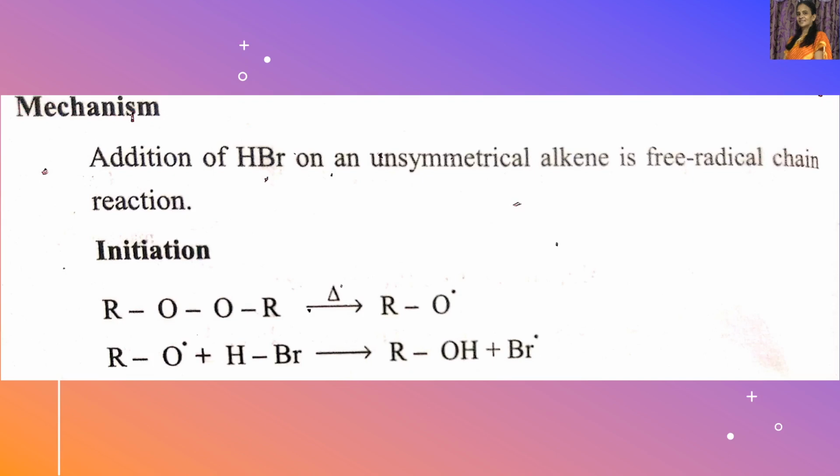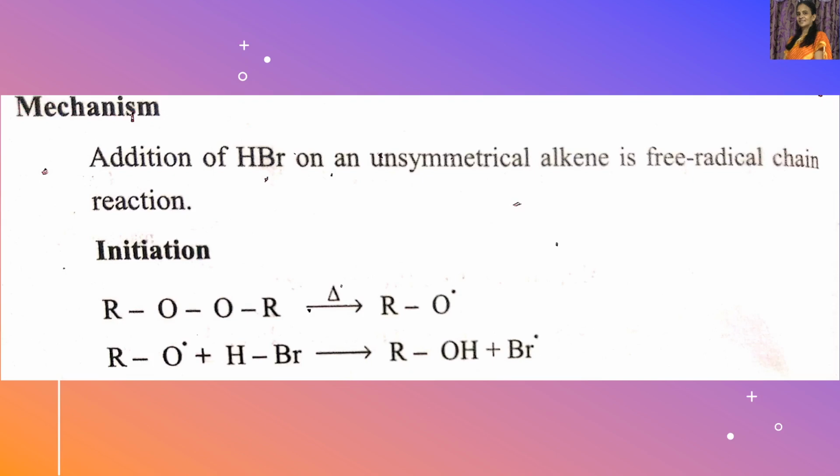This is the alkyl group, this is oxygen. The bond breaks, and each RO will have one electron, that is, two alkoxy free radicals are produced.